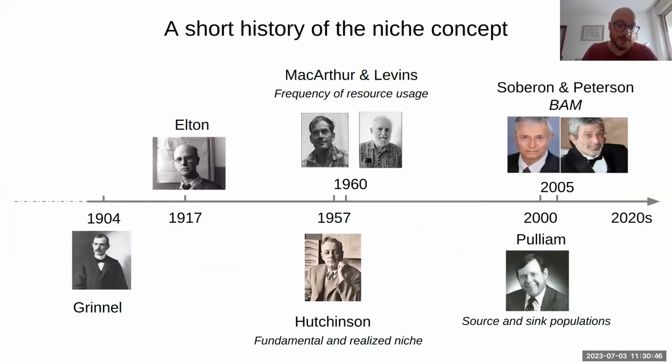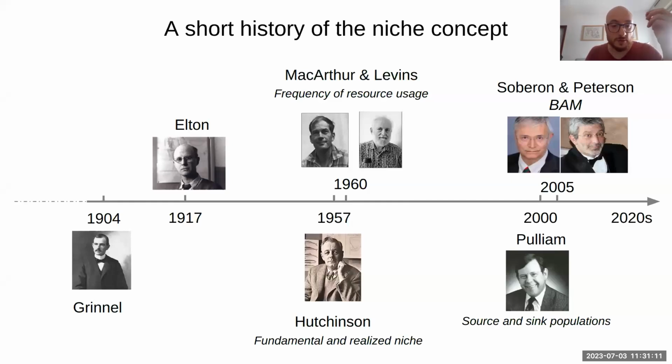The niche concept was introduced for the first time at the beginning of the 20th century by Grinnell, an American scientist. Later it was developed several times by other scientists until nowadays, where it is still a debated topic.